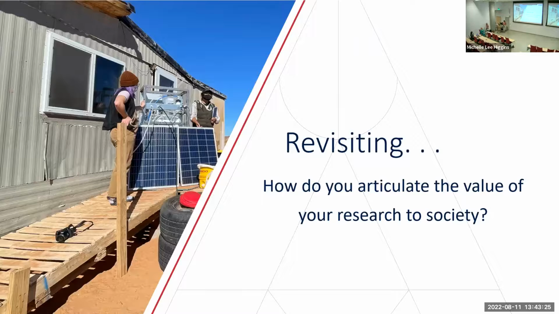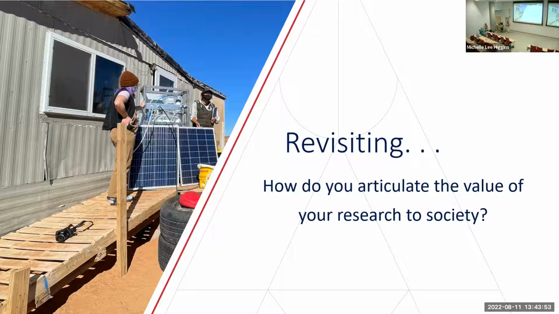Okay. So we had this slide up when you came in, thinking about how do I articulate the value of my research to society? But what if you're asking, what impact do I want to make? We heard about the different categories, we heard about the different criteria, but what if you're asking, what exactly is going to be tied to my research?